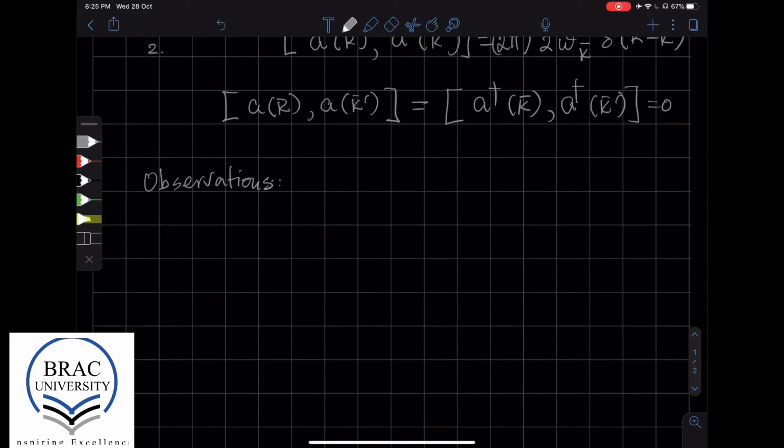The first one is that these commutation relationships are equivalent to the commutation relationships between the scalar field and its canonically conjugate momentum, but at equal time. So these are equivalent to equal time canonical commutation relationships.